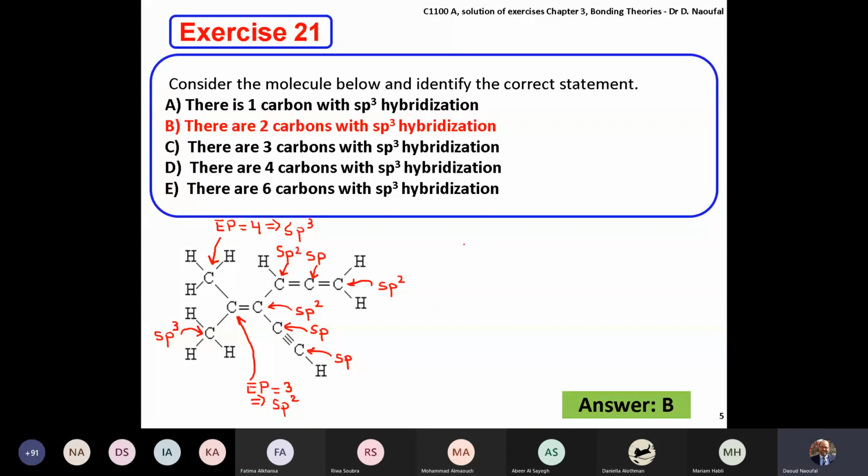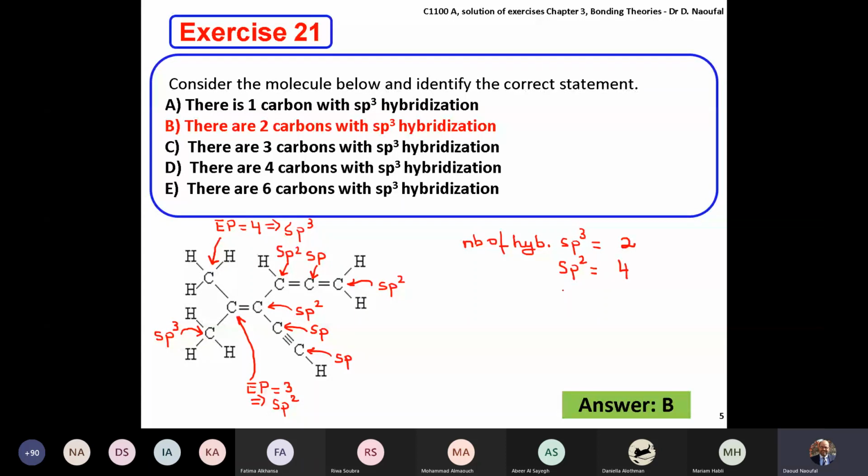So the number of hybridization sp3 is equal 1, 2. We have 2 carbons with sp3. sp2: 1, 2, 3, 4.